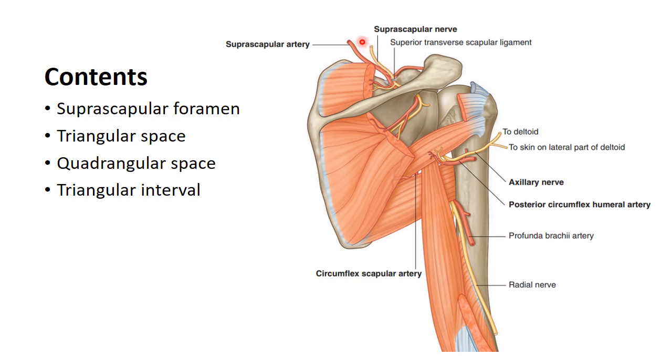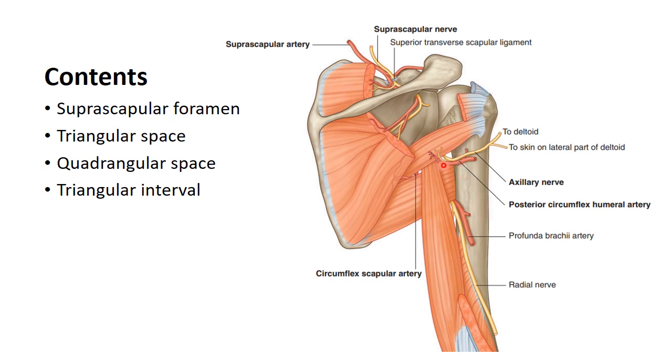However, both follow the same course, but only the nerve gets within the suprascapular foramen. The triangular space traverses an artery called the circumflex scapular artery, and we will study this later, taking the details of the arteries in this region.